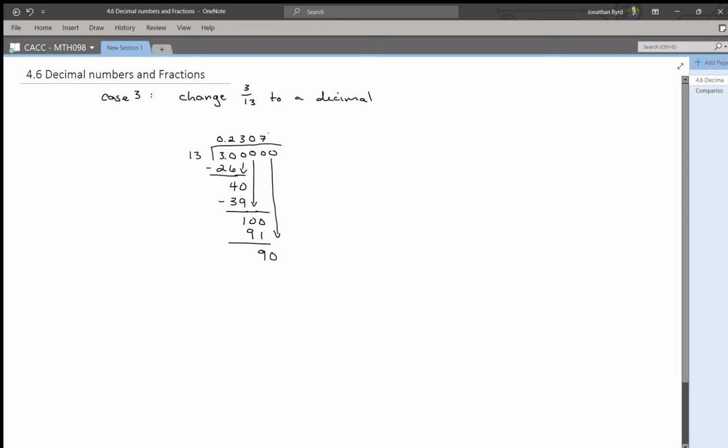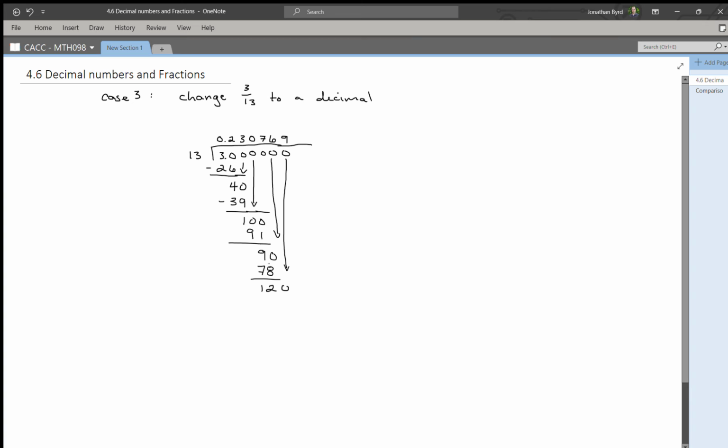Now we're getting close. So we have a 6 because 6 times 13 is 78. And when we subtract, we get 12. When I bring down a 0, I get 120.